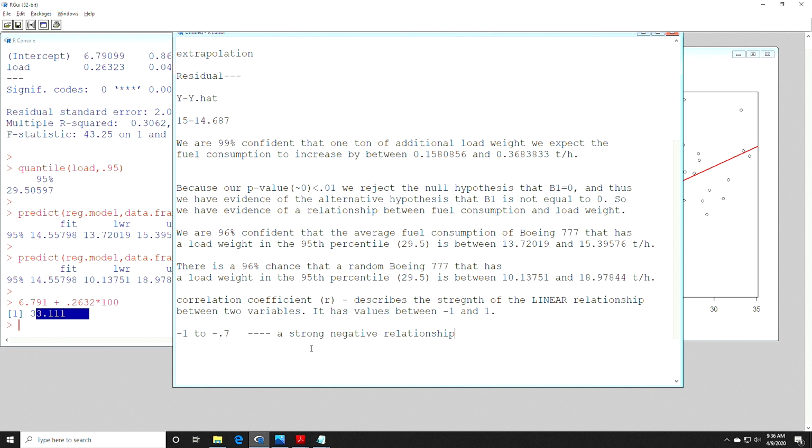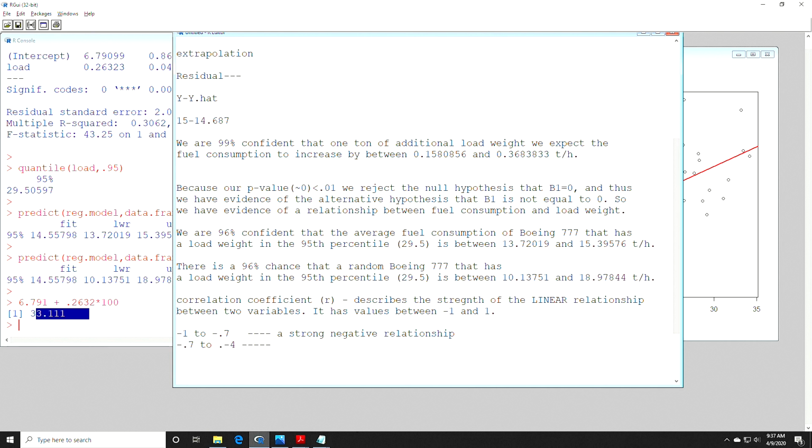Negative, obviously, because the numbers are negative, and strong because it is on the low end toward -1. So don't let that fool you into thinking it's weak. The closer you are to -1 or the closer you are to 1, the stronger it becomes. The closer to 0 we get, the weaker it becomes.